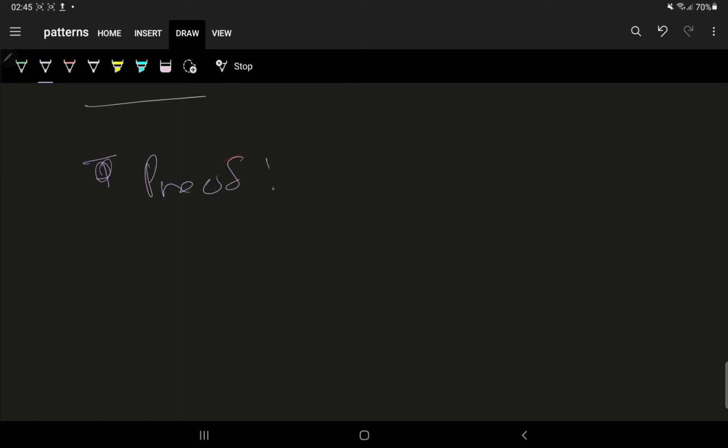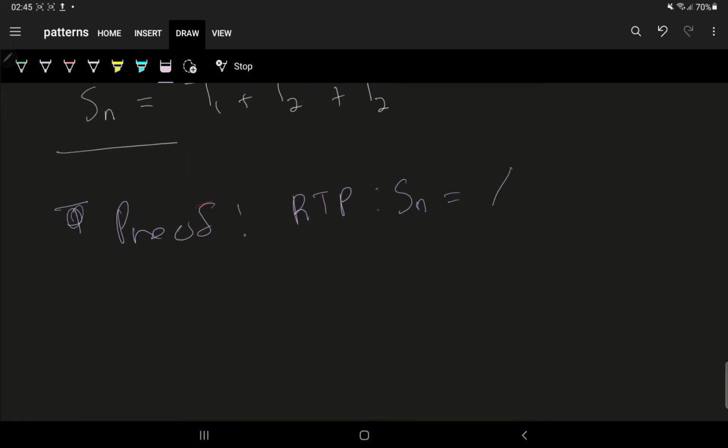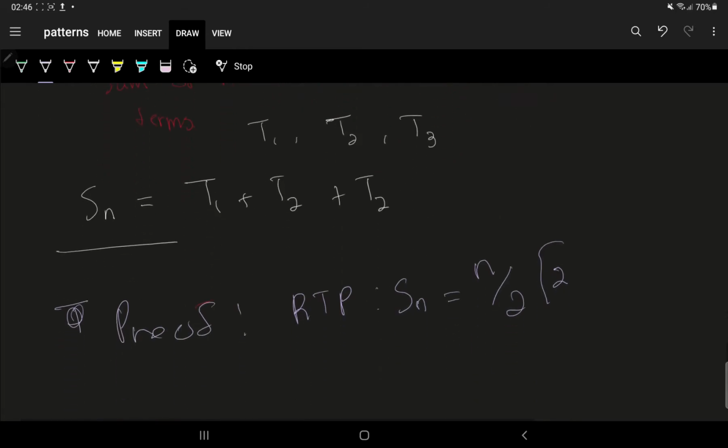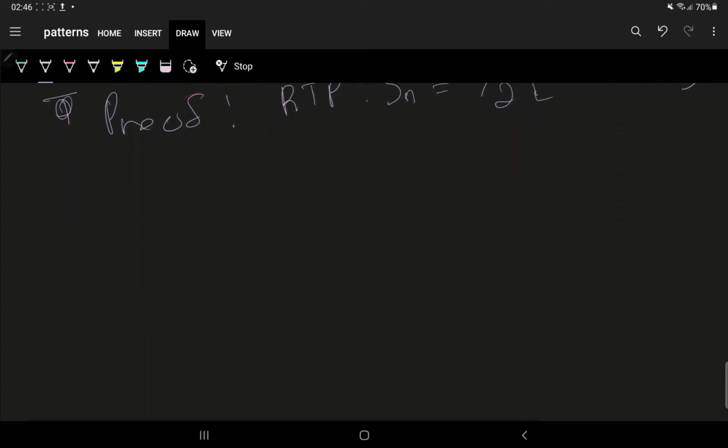Let me start by saying: proof. Required to prove Sn equals n divided by 2 into 2a plus n minus 1 multiplied by d. This is basically the sum of the terms.